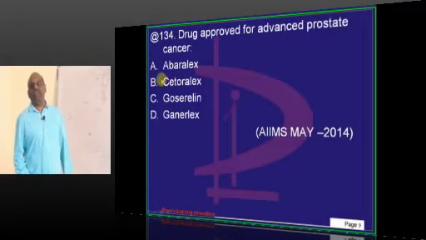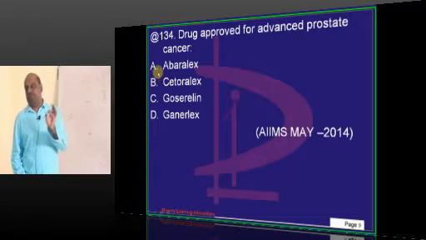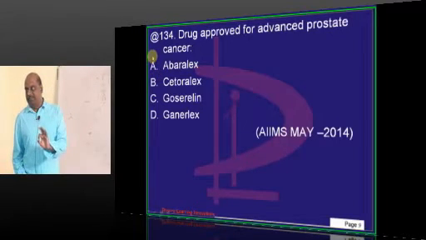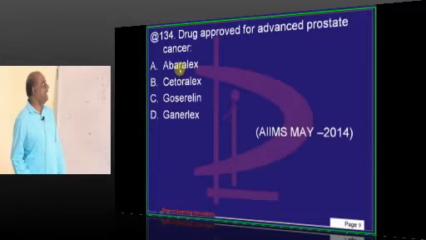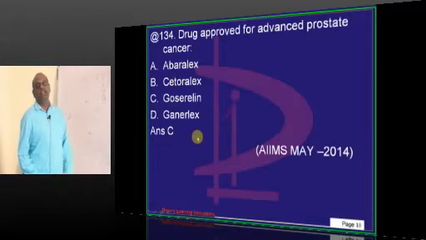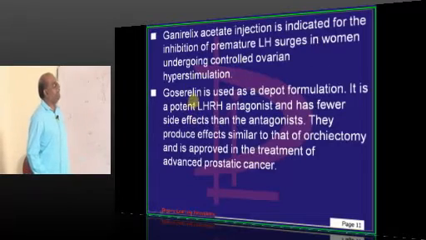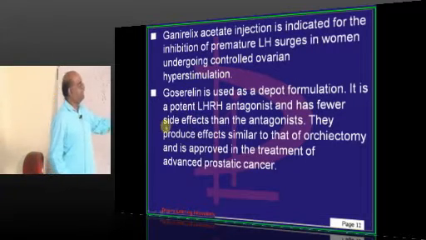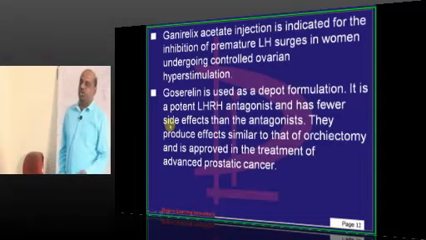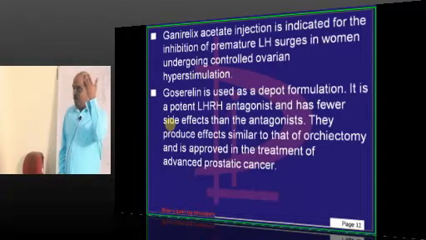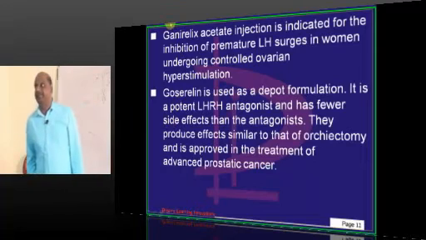Advanced prostate cancer, I told you, one question on BPH or prostate cancer drugs. You have to review what is flutamide, what is leuprolide, what are the various anti-cancer drugs. Goserelin is the one which is being basically approved. So goserelin is an LH-RH agonist, luteinizing hormone releasing hormone is released from where?